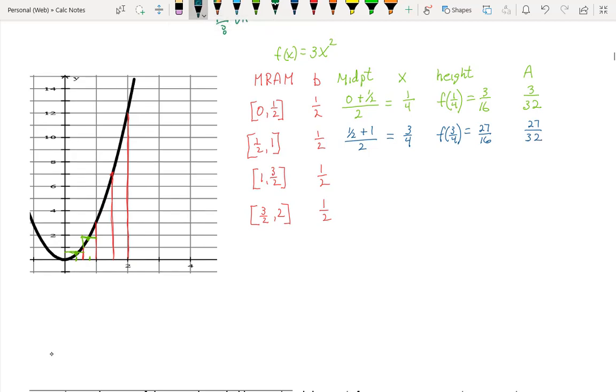Third one. Here we go again. We need the midpoint of the interval. That's going to be 1 plus 3 halves divided by 2. So that's 2 halves plus 3 halves. That's 5 halves divided by 2 is 5/4. Hopefully, again, that makes sense because 5/4 is directly in between 1 and 1.5. So I need f of 5/4. So I'm going to plug in 5/4 to my function again.